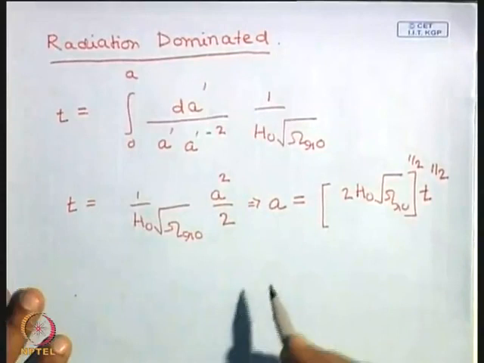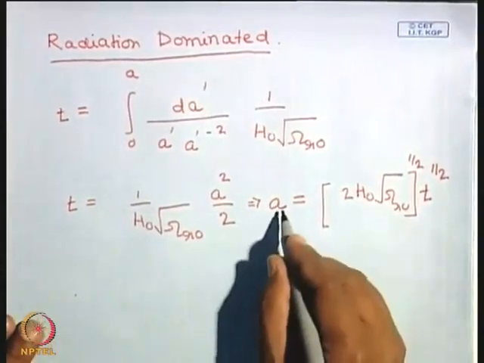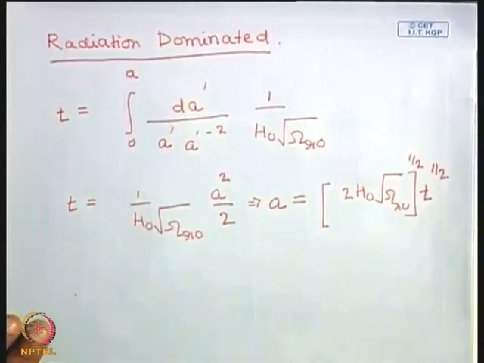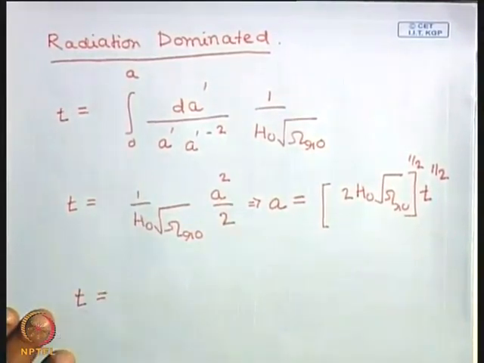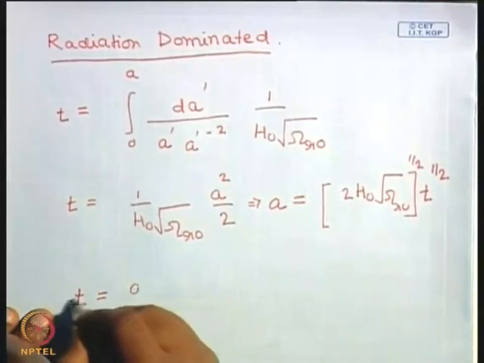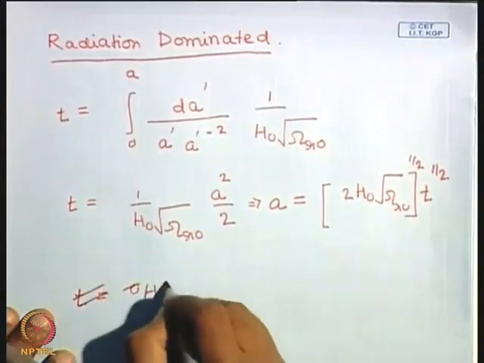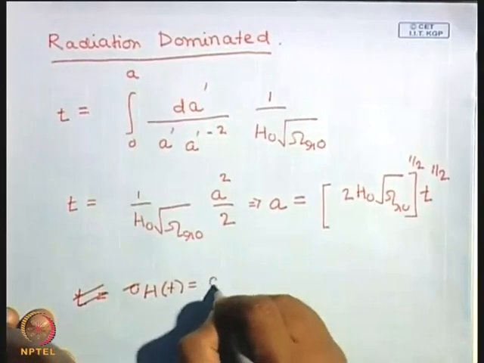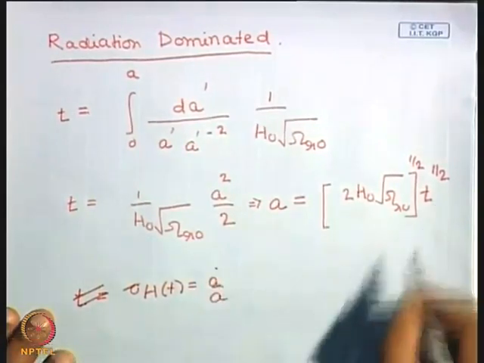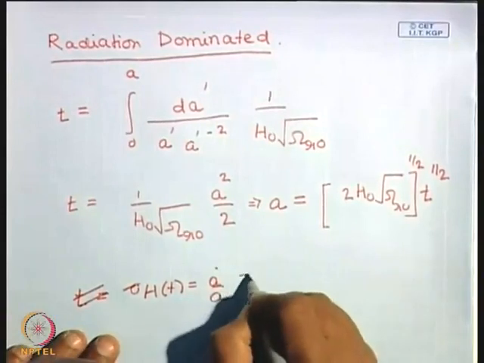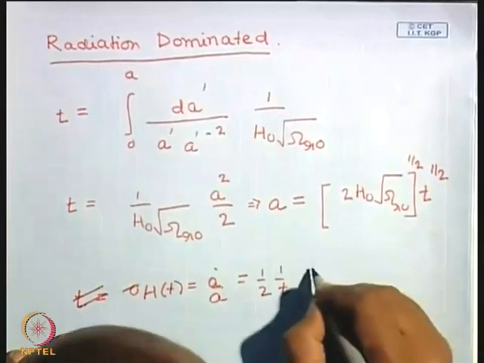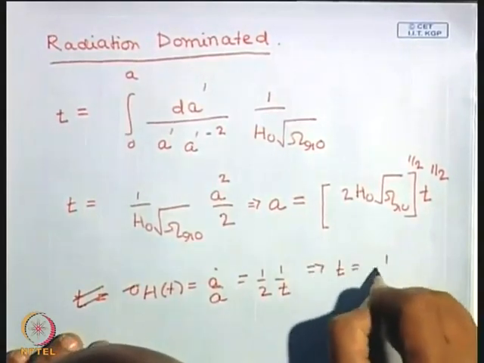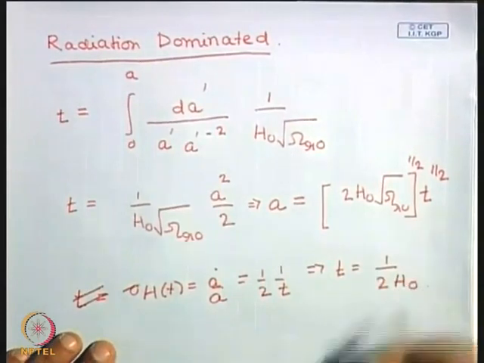So the crucial point is that for this model the scale factor is proportional to t to the power half, and the Hubble parameter at any instant of time is a dot by a. So for t to the power half, a dot by a is going to be half 1 by t, or t is equal to 1 by 2 H naught.